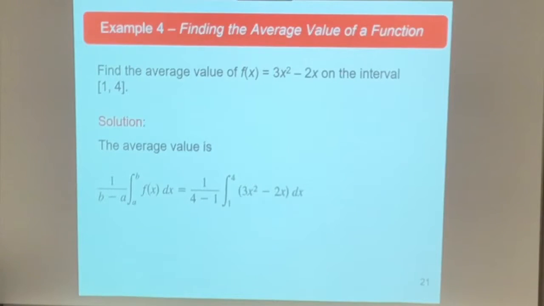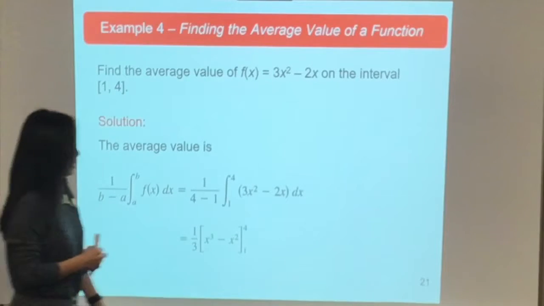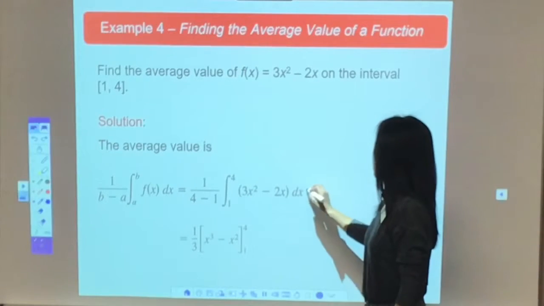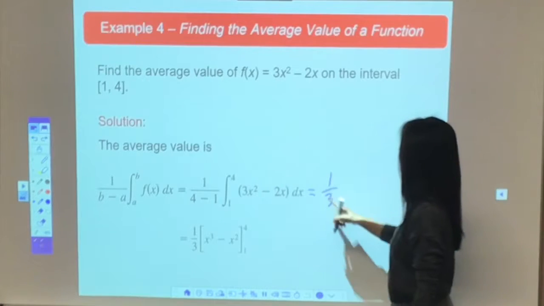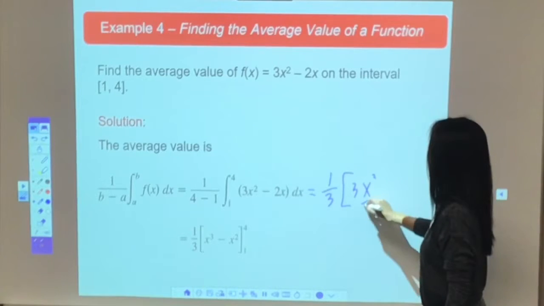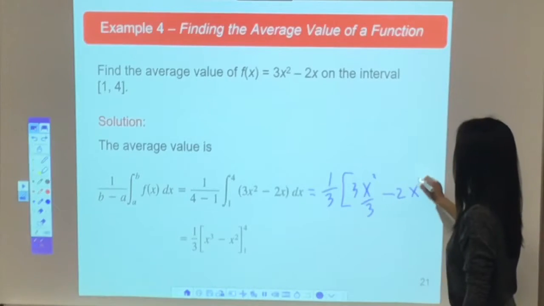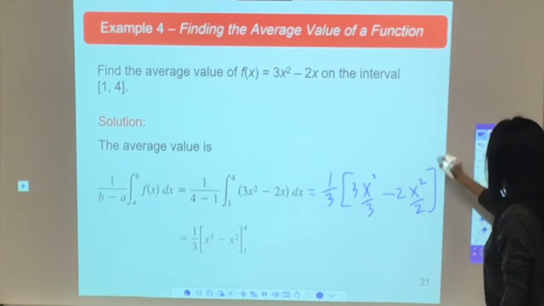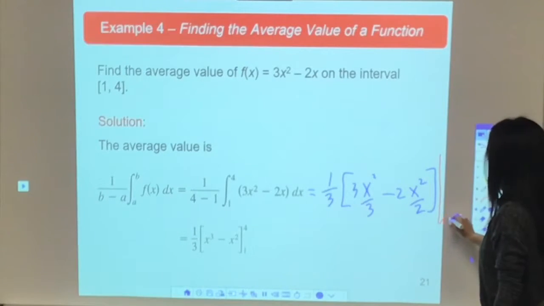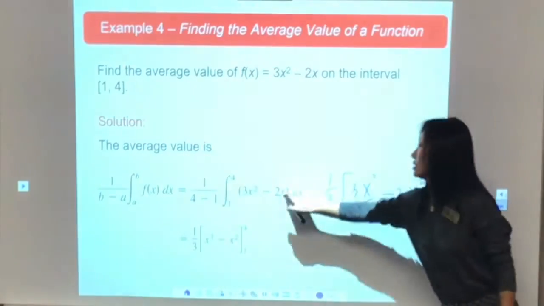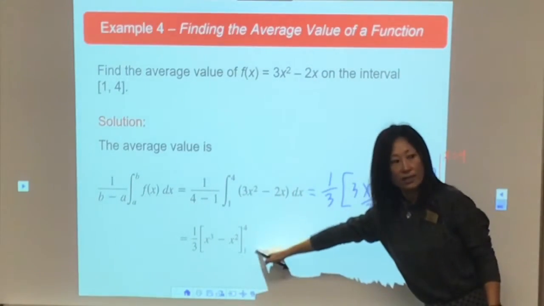Take the antiderivative of that. Everybody see this one? Let me not skip here. This is 3x to the third divided by 3 minus 2x squared divided by 2. Does everybody see that?